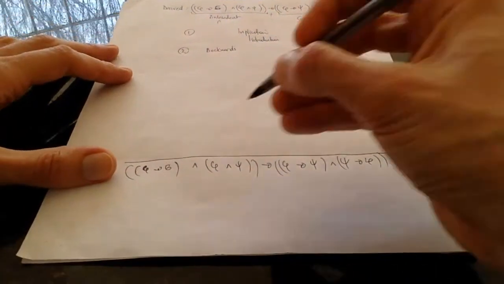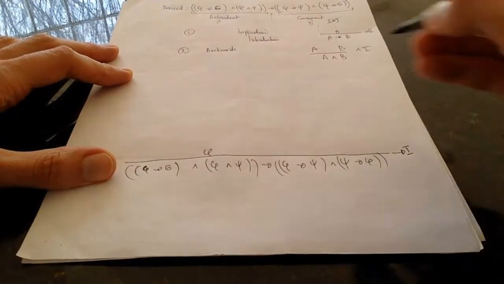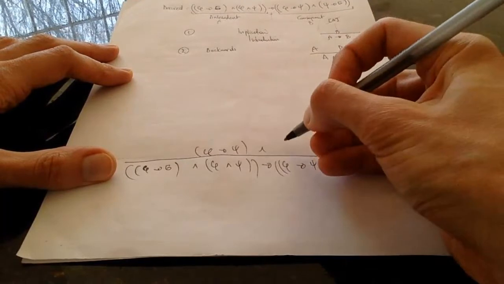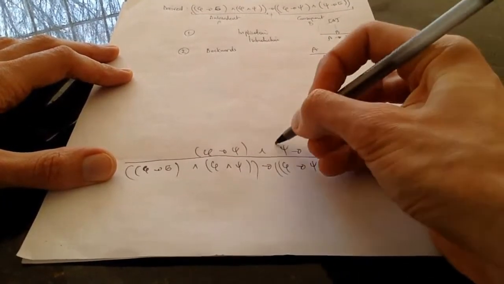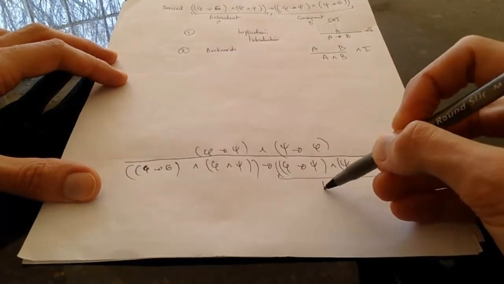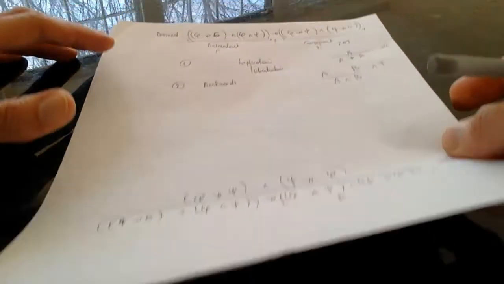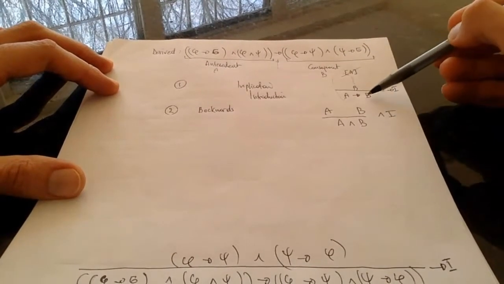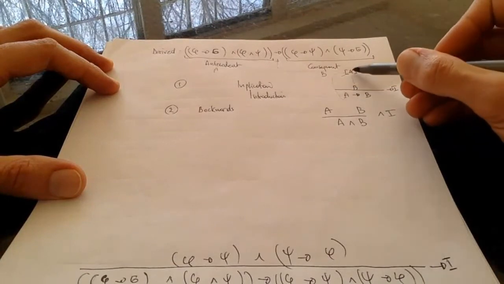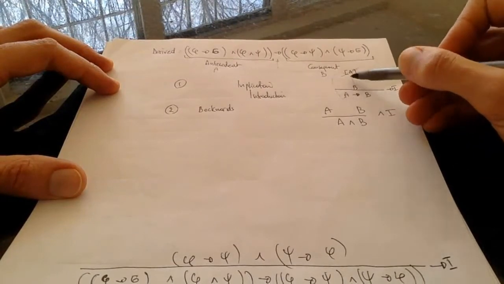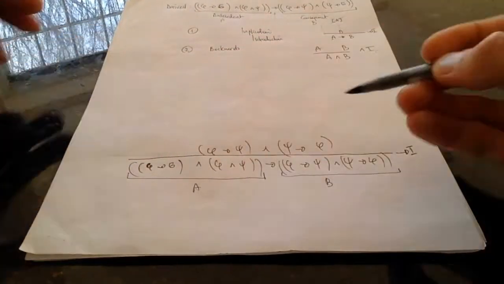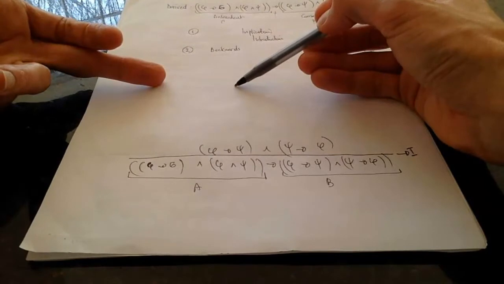So here I should write phi and psi and psi and phi. So that's my B. So if I go back to the structure of the rule of implication introduction, that's my B, my consequent. My A, my antecedent, should be an assumption according to this rule.